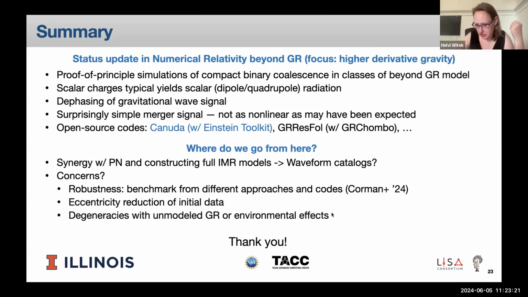We haven't done the actual data analysis, but just seeing this behavior, I would be very cautious in interpreting anything that deviates from vacuum GR in the parameter space that we've modeled. It's something that we all need to be very careful about.